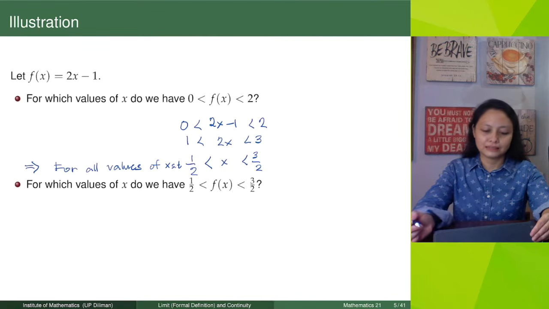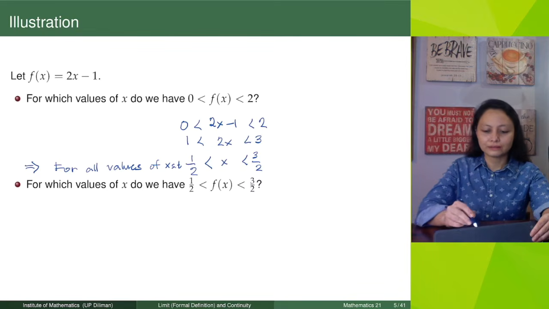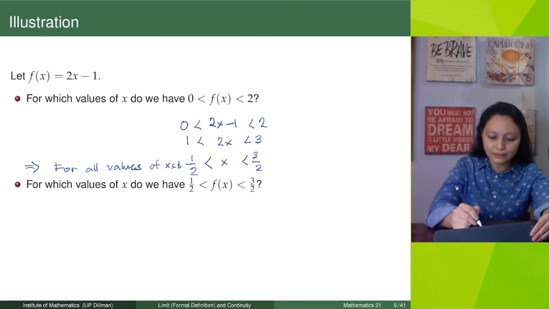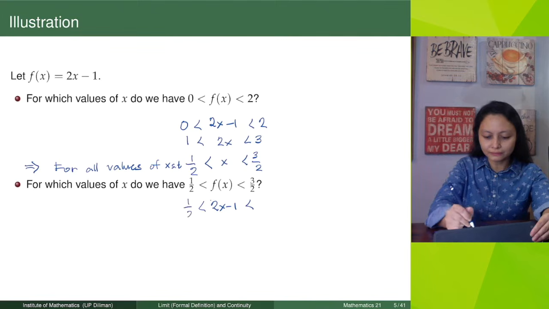Let's look at another illustration. Now we consider the inequality f of x less than 3 halves but greater than 1 half. Again, we let f of x be equal to 2x minus 1 and we solve this inequality. So we can add 1 to both sides of the inequality. You have 3 halves less than 2x less than 5 halves.